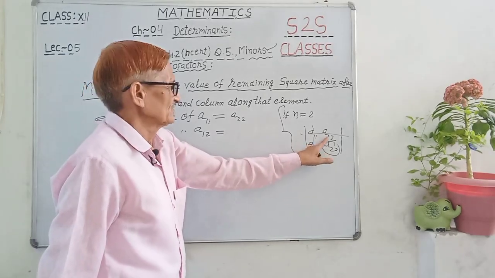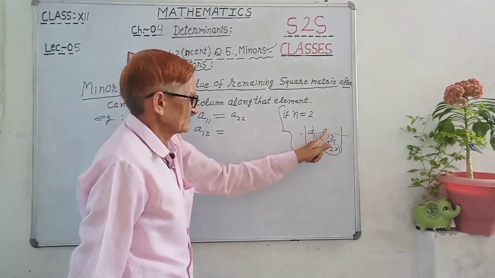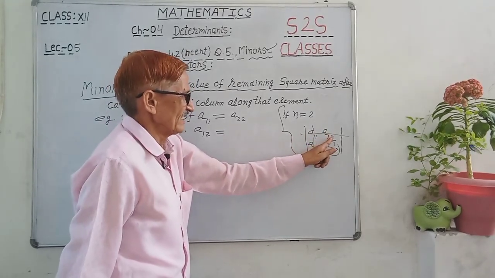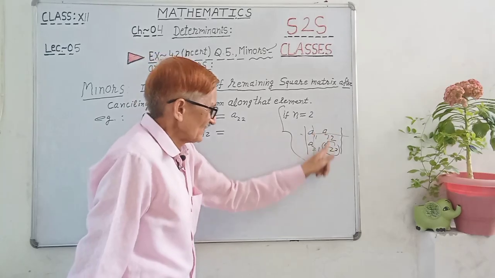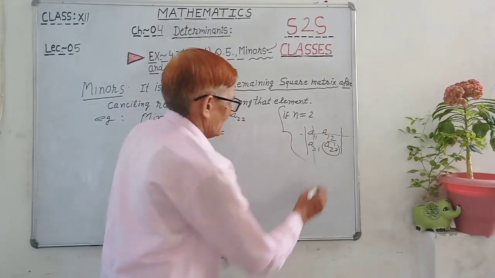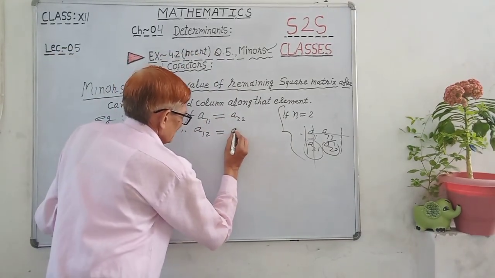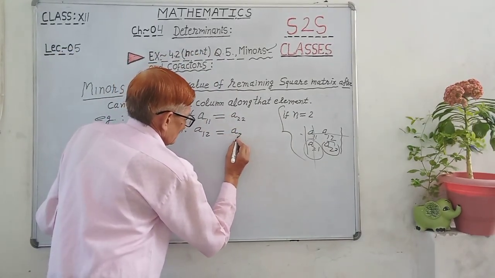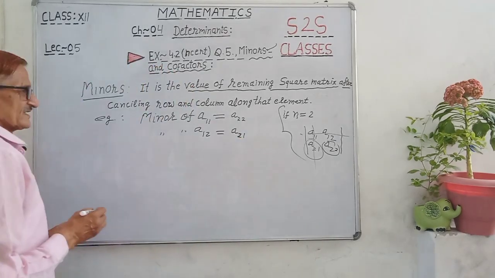So it means here cancel the first row, and along this element the column is 2, understand? So column 2 cancel, now first row and second column cancel, what is left now? A21. So this is left, A21.